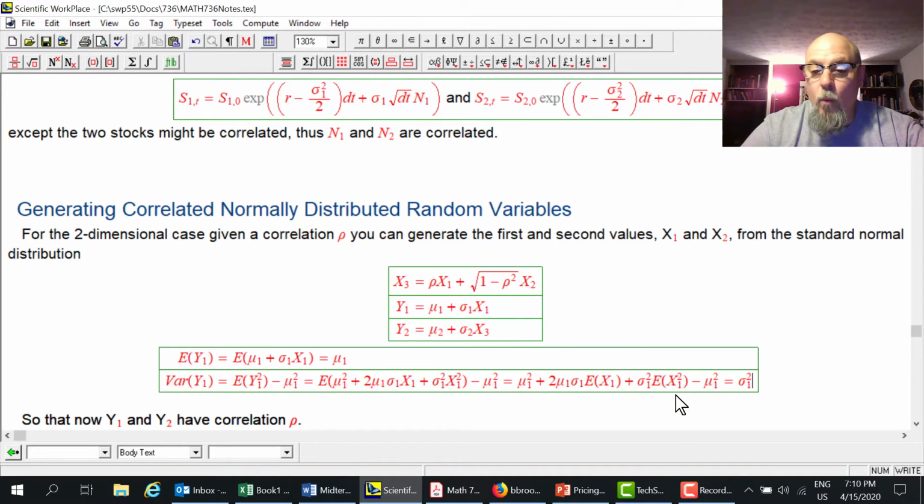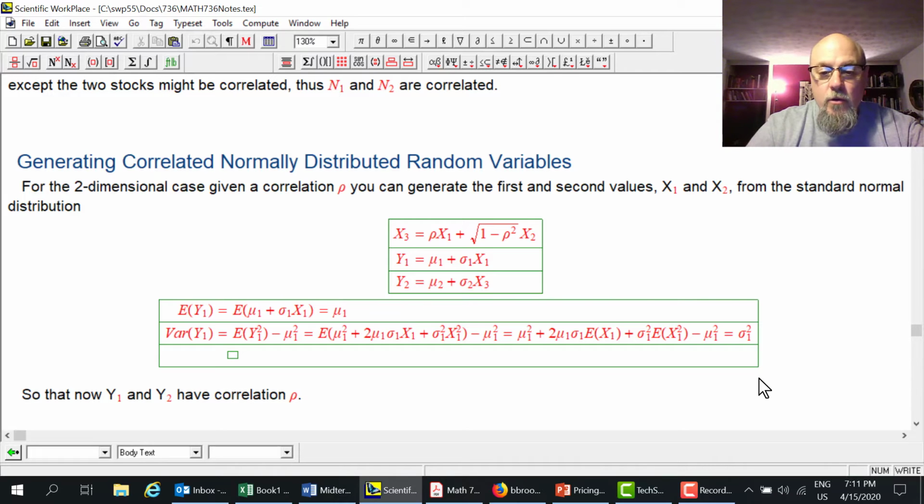And if I make it 1 in that argument, then I can just point at this and say it's the same thing for y2. So I guess I have to show you what's the variance of x3. It's going to be 1. That's what I want.